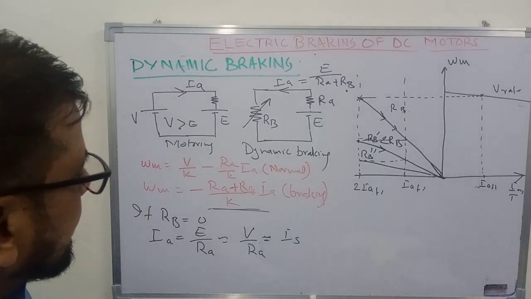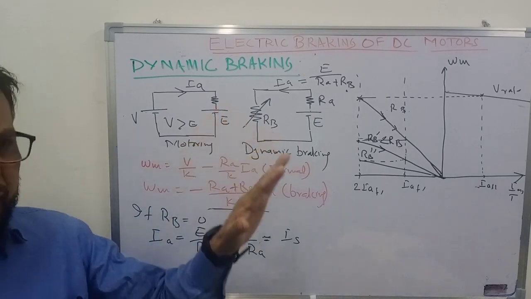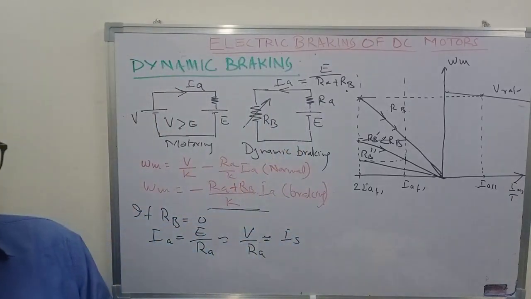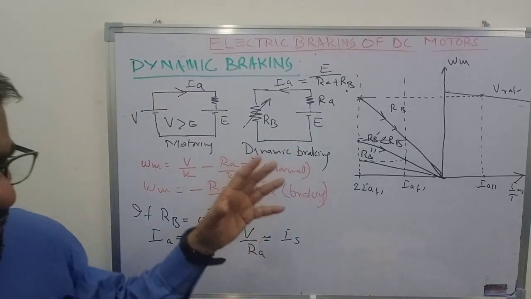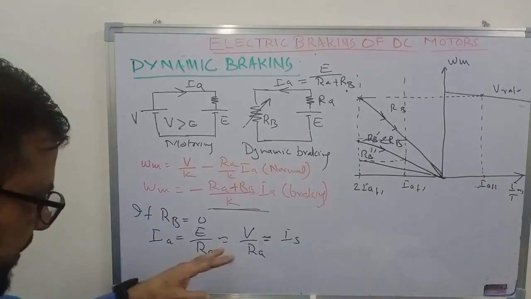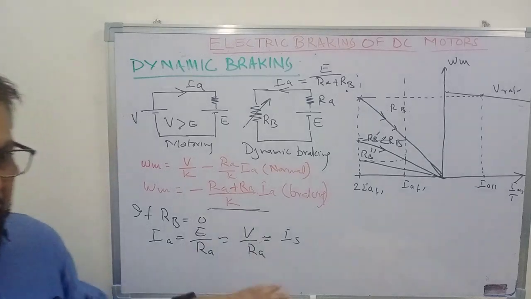and you can see that you have to reduce the resistance gradually. For that you can use the starter that was used during starting. The same starter can be used during braking also, because the current that the motor draws is the same as the starting current.